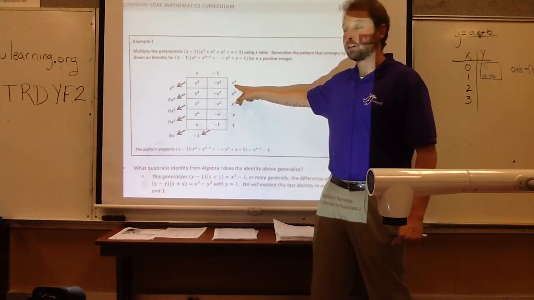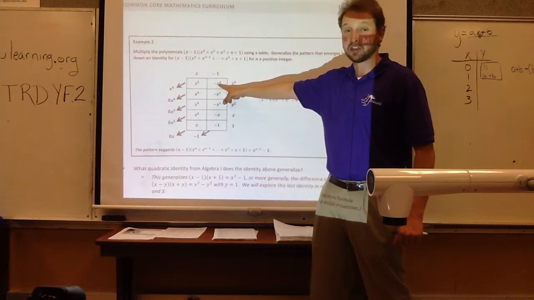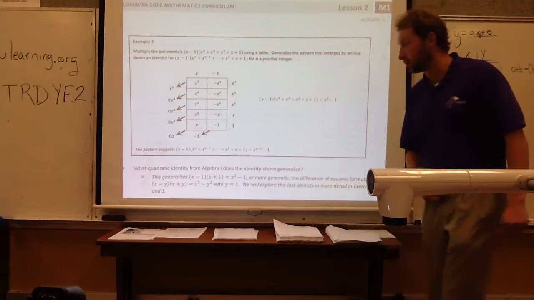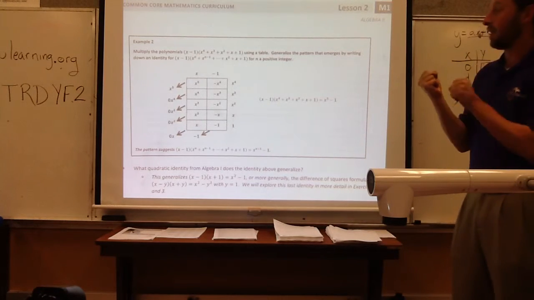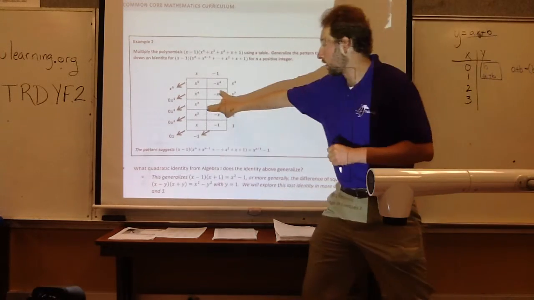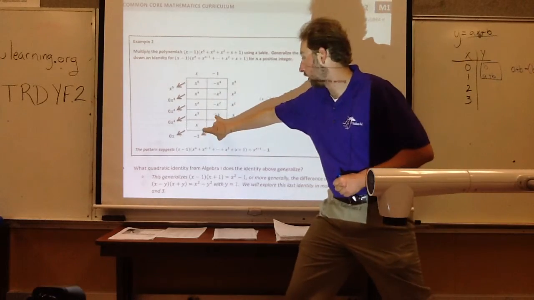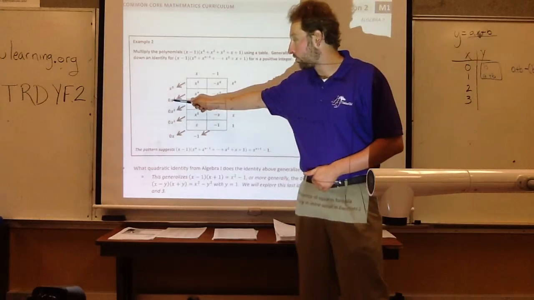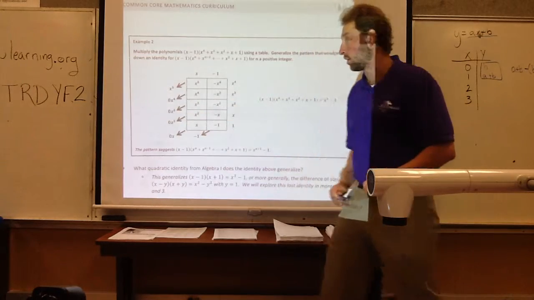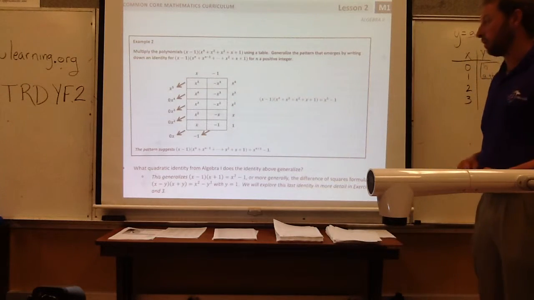Negative 1 times x to the fourth produces the conjugate, or negative x to the fourth, and those two are going to cancel each other out, just like these two, and these two, and those two, and so you're left with 0x to the fourth, 0x cubed, 0x squared.